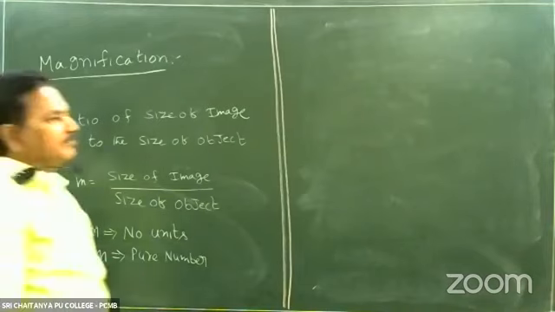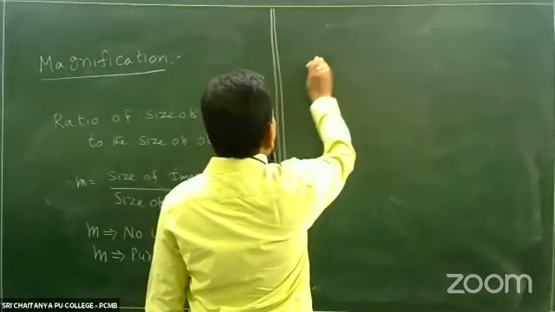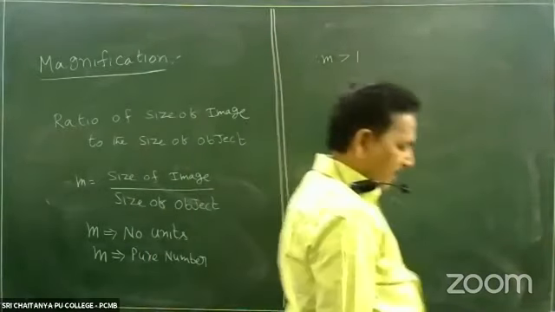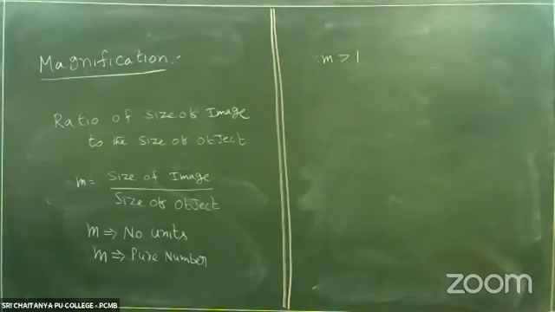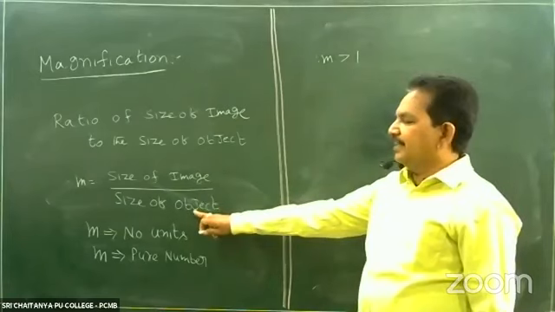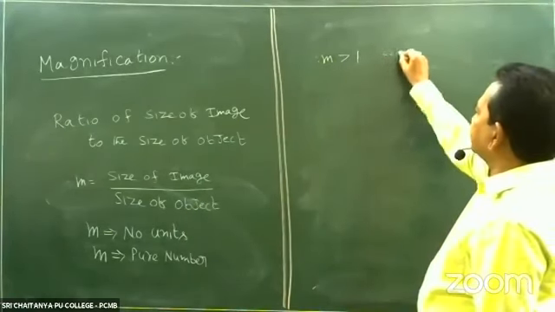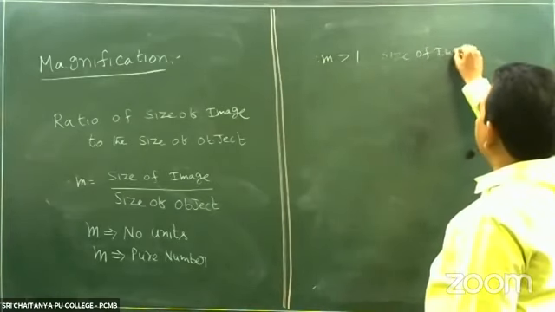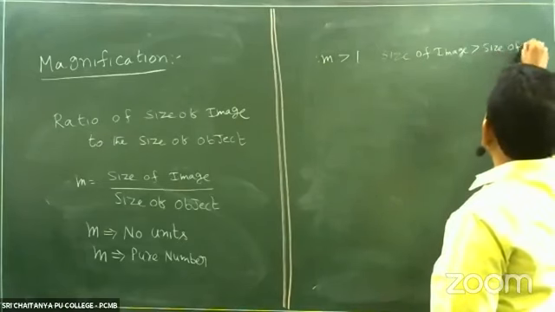Suppose m value is greater than 1. What does it mean? It means that the numerator is greater than the denominator. Size of image greater than size of object.